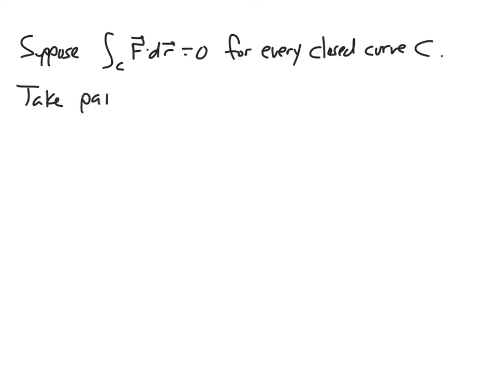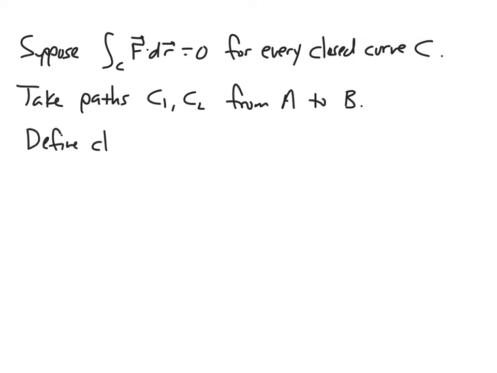So let's take two paths, and let's just call them C1 and C2 from point A to point B. So we have two paths starting and ending at the same point, starting at A, ending in B. And from these two paths, much like we just did in the previous slide, we can use these two curves to make a closed curve C. All right, so we're going to define closed curve C in the following way.